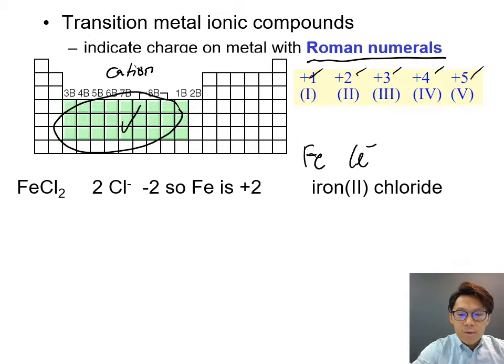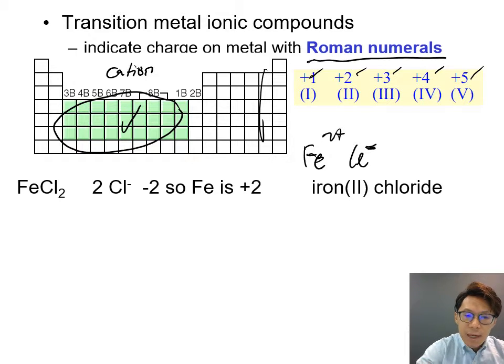In order to work out the charge for iron, we move on to the anion part. The anion part is a chloride. Chloride does not come from the middle groups. It comes from group 17, or group 7. So it has a fixed charge, which is -1. So we know that Cl must be Cl-. So the iron must be iron(II).